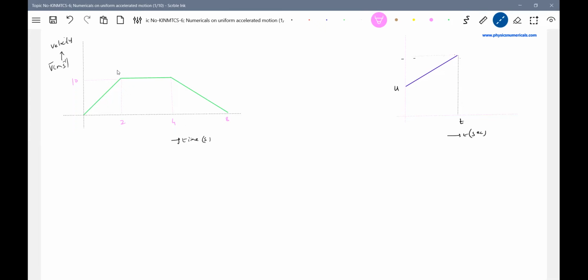Let me plot it. There's a final velocity. There's a velocity, meter per second I'm putting. This particular area, I'm interested in this area. Are you looking at this yellow shaded region? So the area under the curve, what does it imply? For that, what does this equation represent? V equal to U plus AT formula.